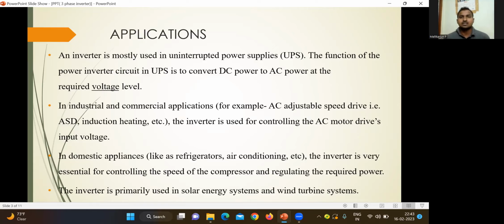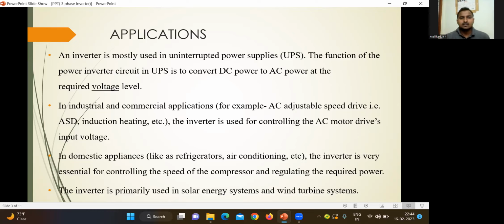If you go for refrigeration, washing machines and systems, wherever you go, loads are changing. The speed of the load is changing. That means we should be applying AC supply with variable voltage and variable frequency, because the load is not constant. It is always varying.